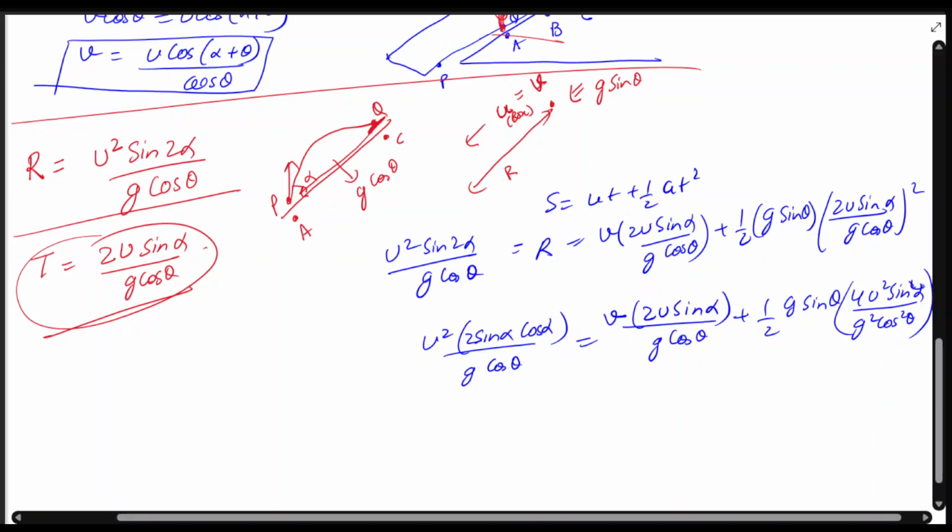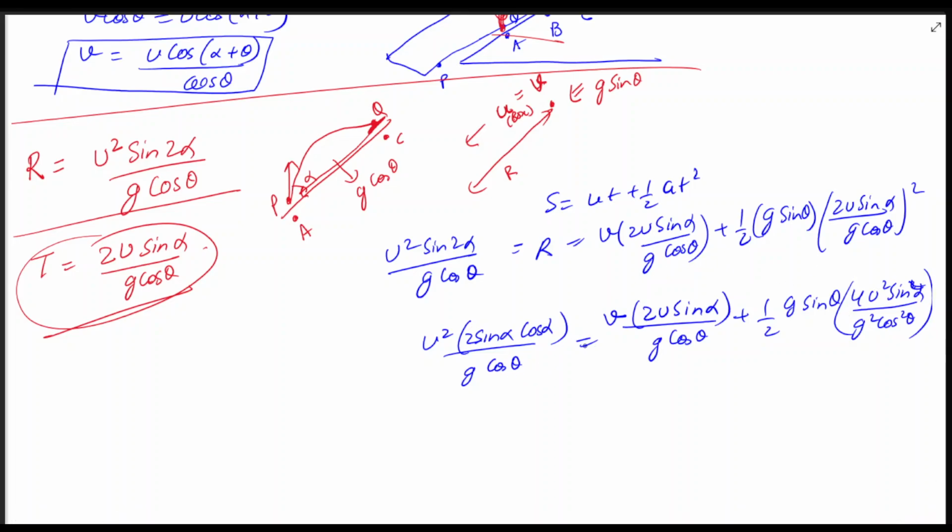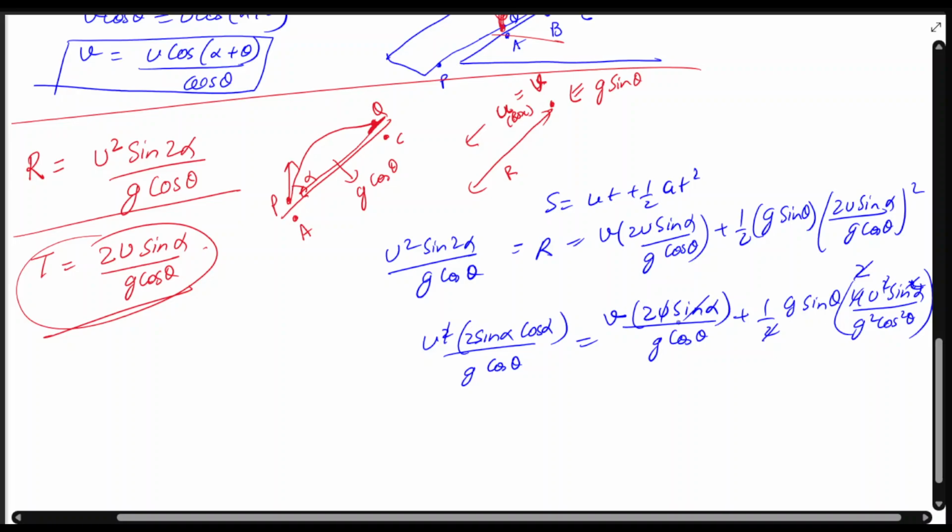Yes, it is taking a bit of time, but this solution will be good, like you're getting the situation of what is happening here. So one 2 will get cancelled. Sin alpha will also get cancelled here, right? One g cos theta will get cancelled here, right?